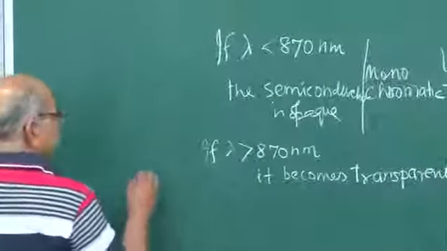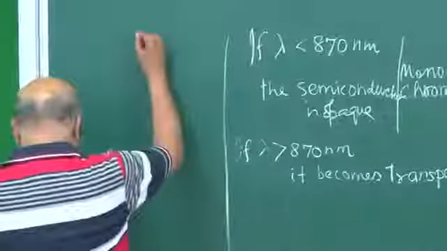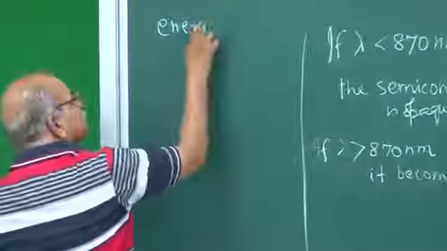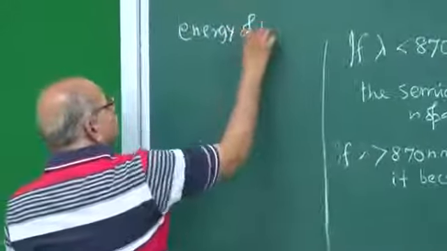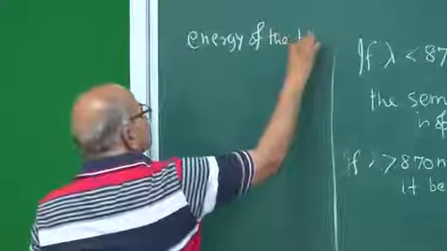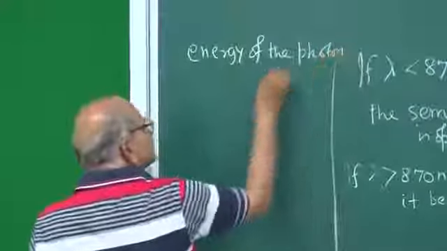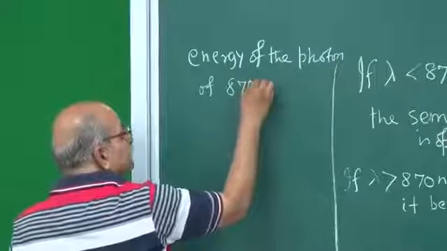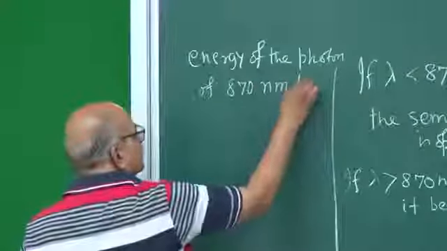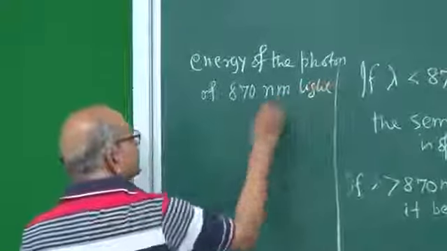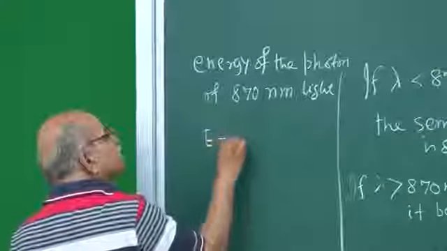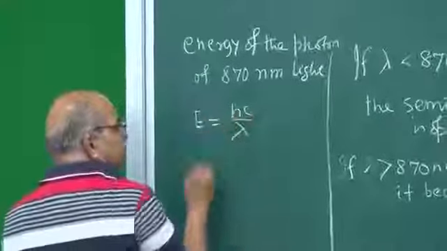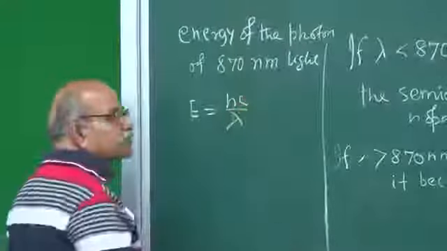The energy of 870 nanometer light is hc over lambda, where h is Planck's constant and c is the speed of light.